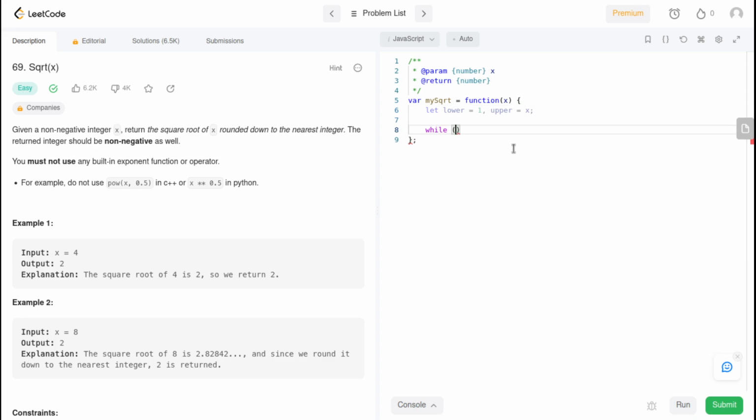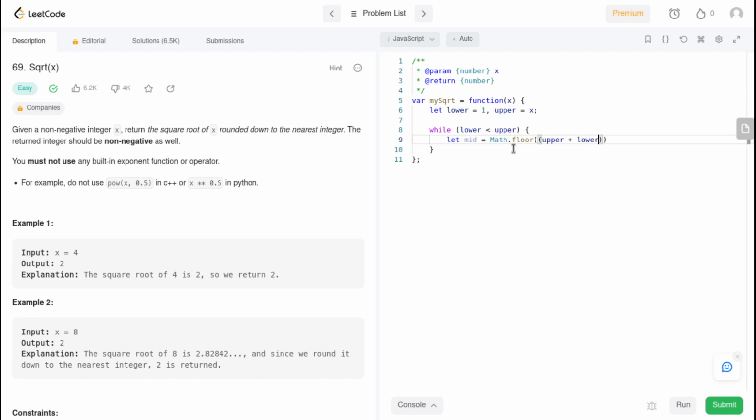So we have a while loop, and we can say while lower is less than upper. We're going to try and find the square root, so we can create a midpoint. Let mid equal, let's just floor this thing, so we're rounding it down, upper plus lower divided by 2.